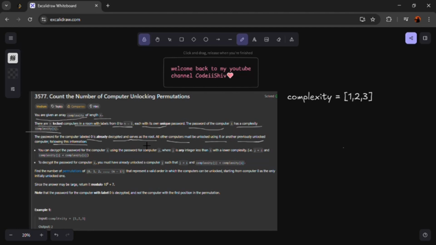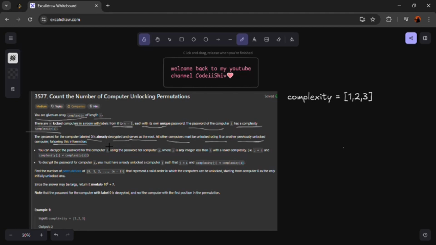So it says that you have already unlocked the computer labeled 0, meaning at index 0 the computer is already unlocked. You can unlock any other computers using this computer or any other previously unlocked computer.